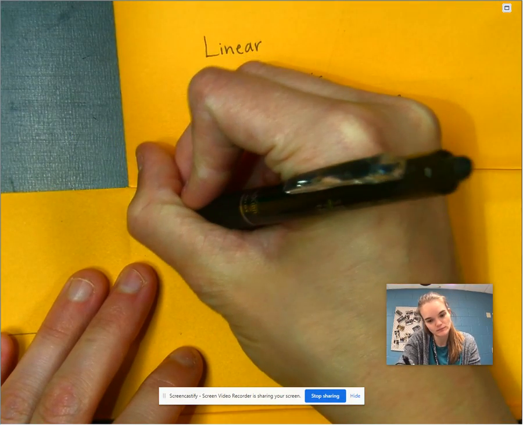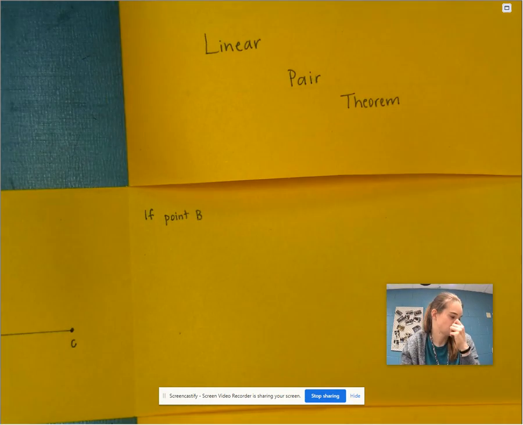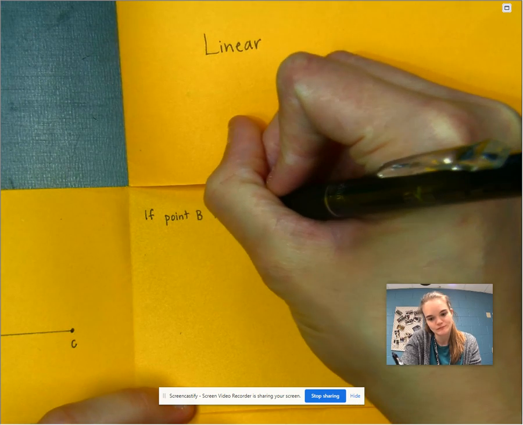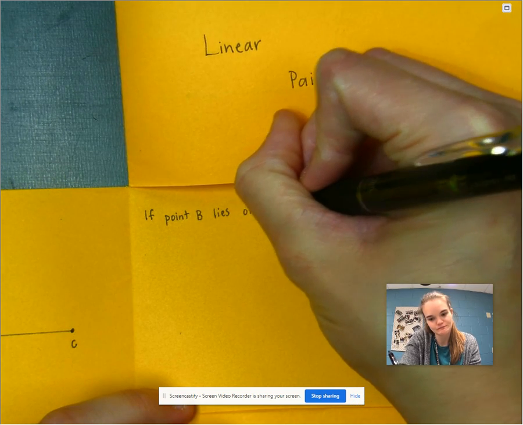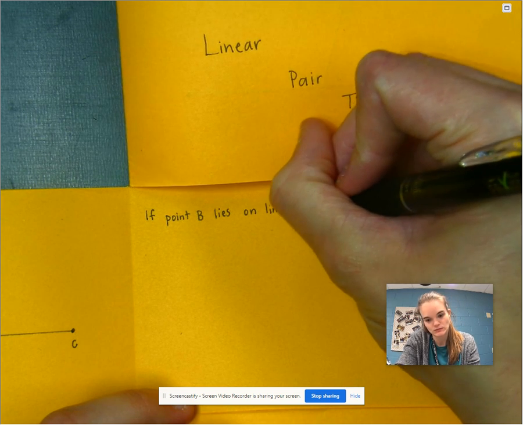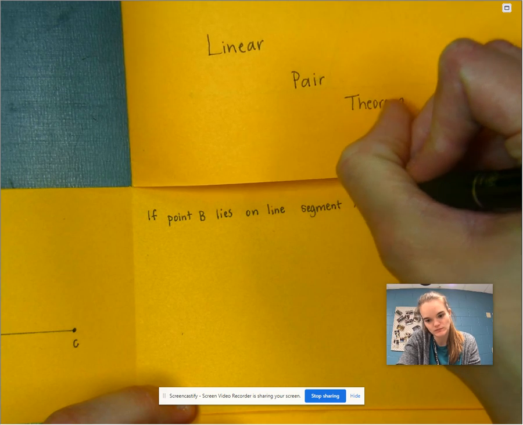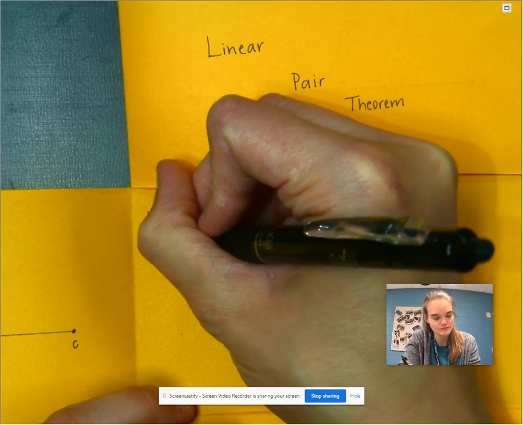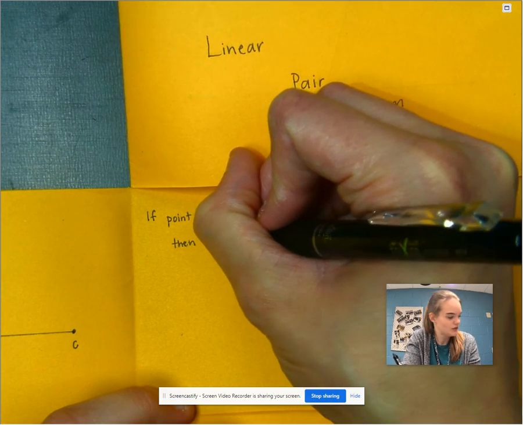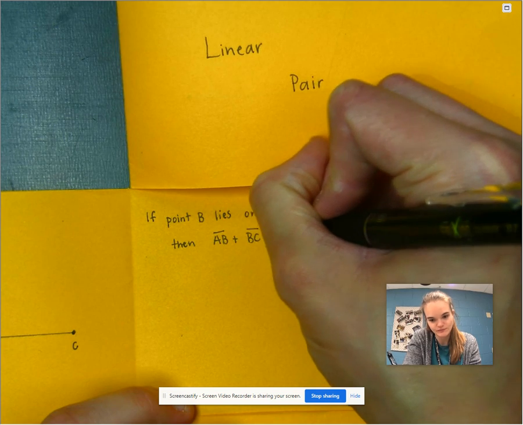If point B lies on line segment AC, then AB plus BC equals AC.